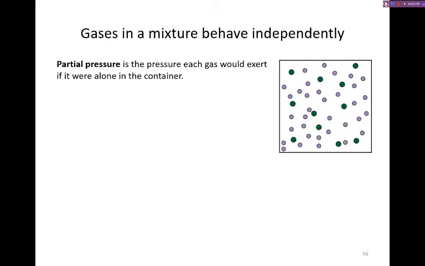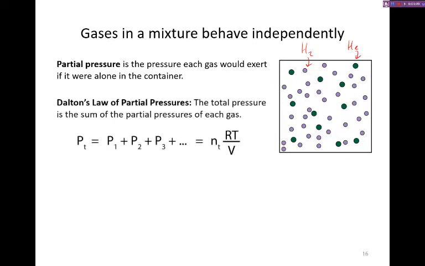In other words, if you have two gases in a single chamber, then we can talk about them behaving as individual gases. Let's say that it's hydrogen and helium. We can quantify the number of moles, we can quantify the pressure that each one of them exerts on the container. And that's what we call the partial pressure.